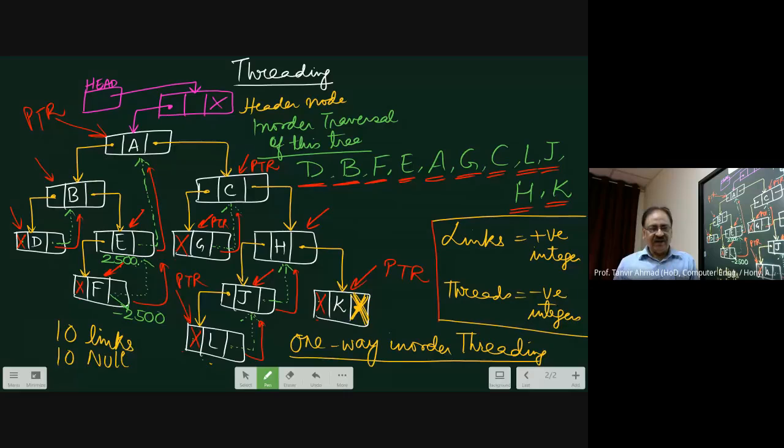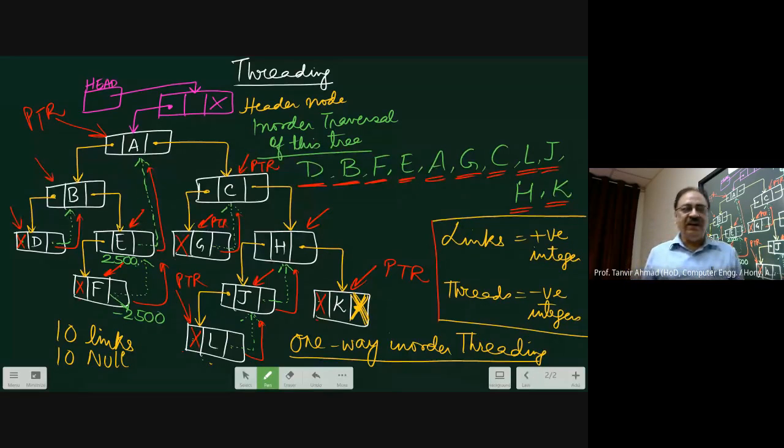Now tell me, if I go for two-way threading, how many null pointers will there be?